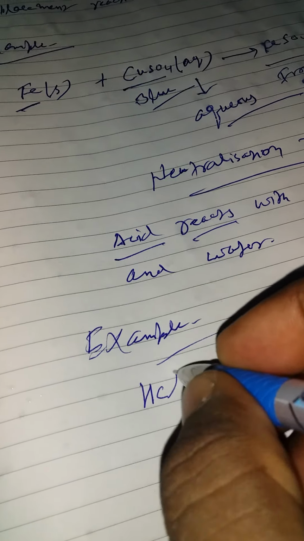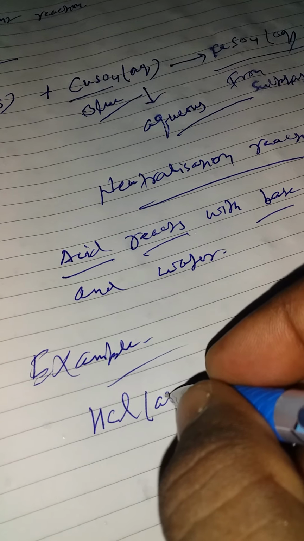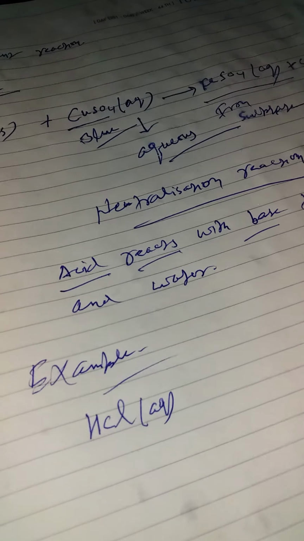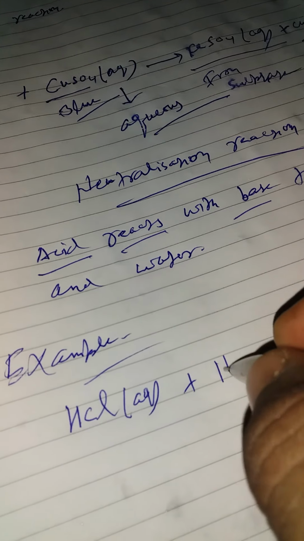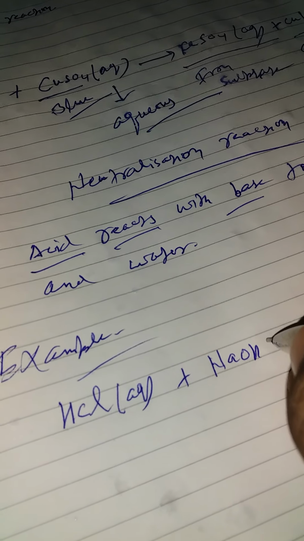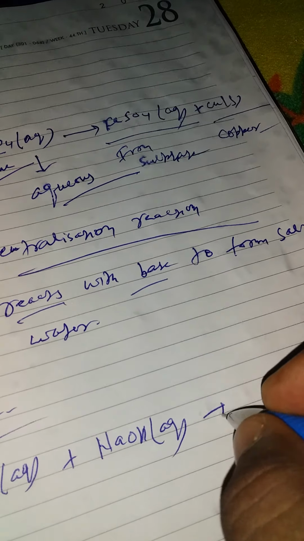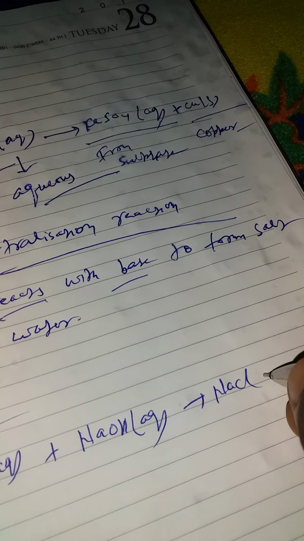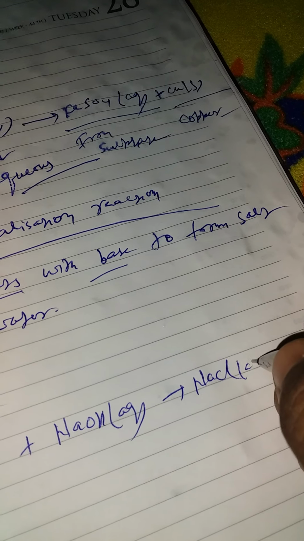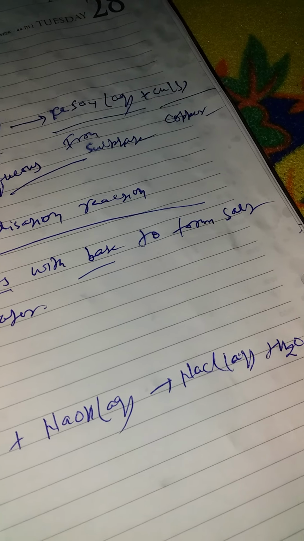Their example: HCl, hydrochloric acid in the form of aqueous, reacts with NaOH aqueous to form NaCl aqueous and H2O in the form of liquid.